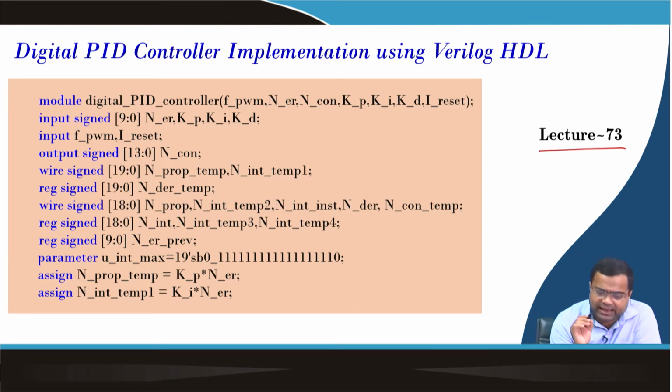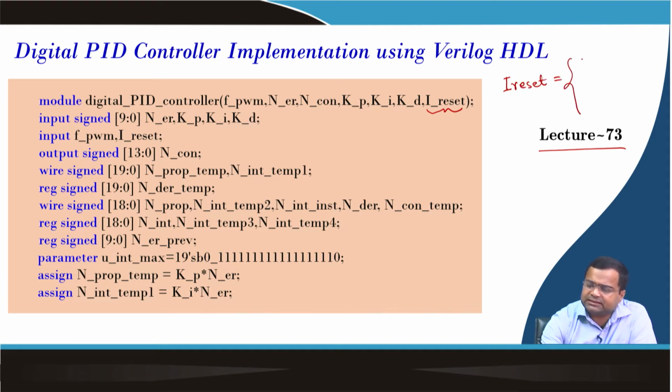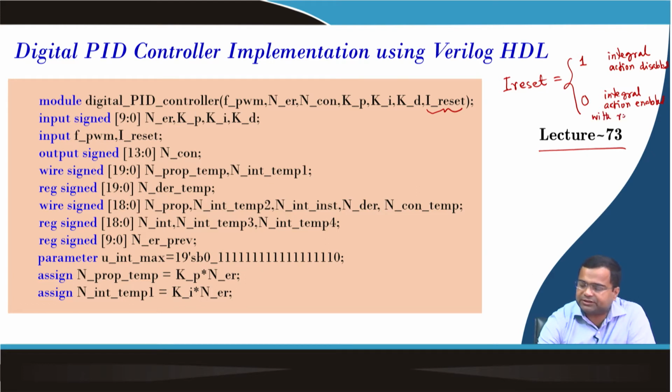Everything else is the same, except we are considering an additional reset circuit, and this reset logic is that if this is 1, then I will say integral action disable, and if it is 0, then integral action enable, with reset condition.